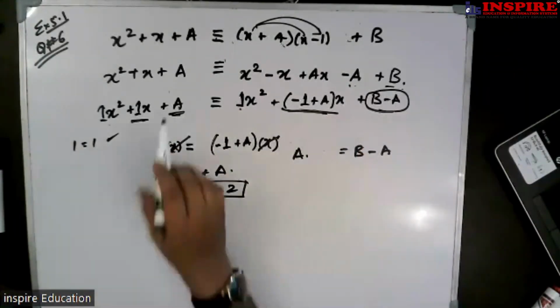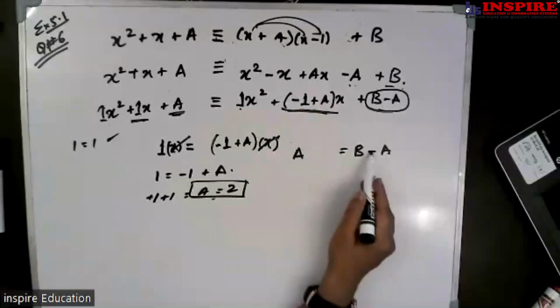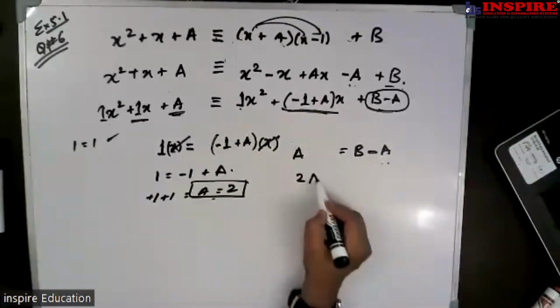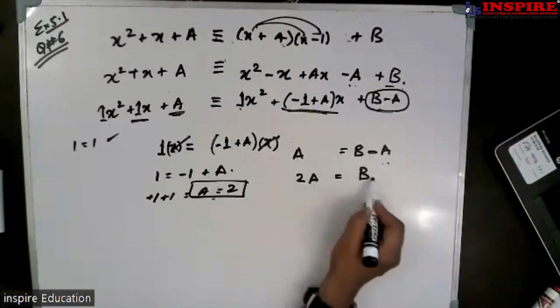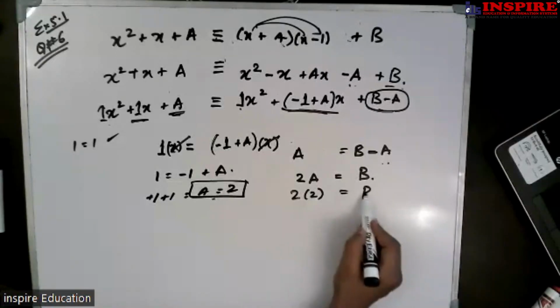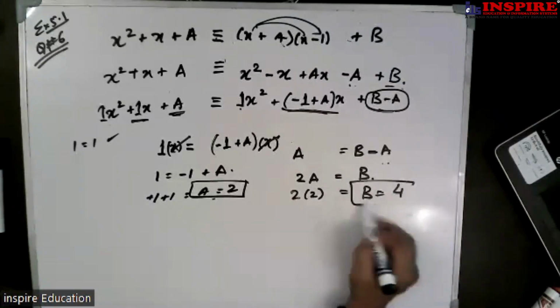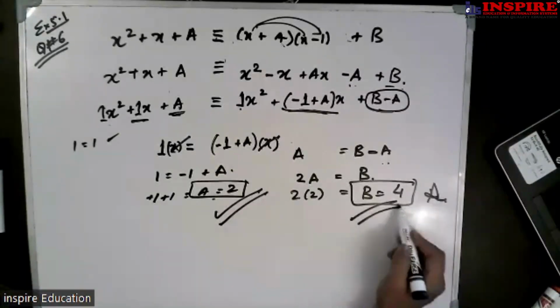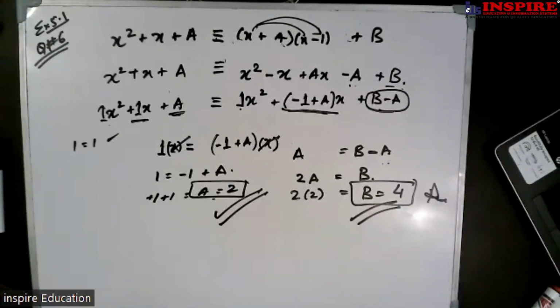B minus A. So that A is equal to B minus A, I send it to this side. 2 times of A is equal to B. What is your A? 2. So B turns out to be 4. Congratulations. You found your value of A and the value of B. I repeat myself, do not touch your pen or your pencil.